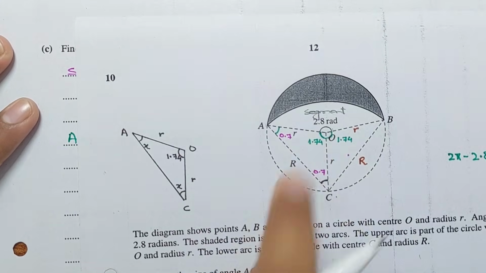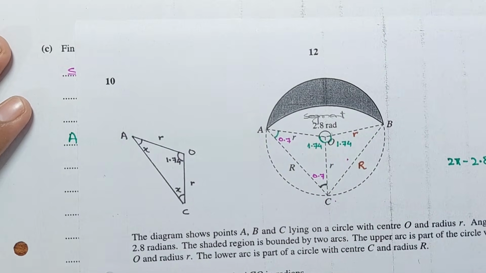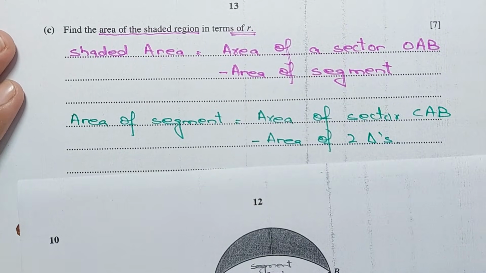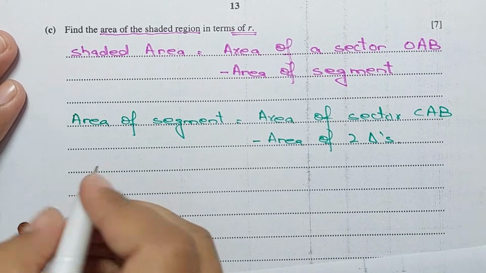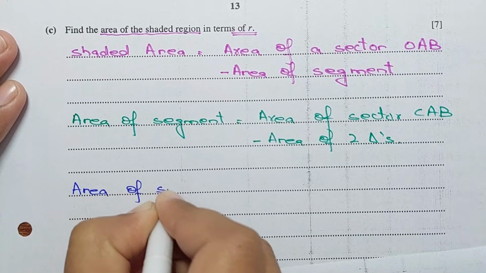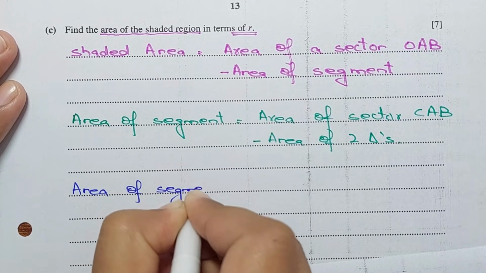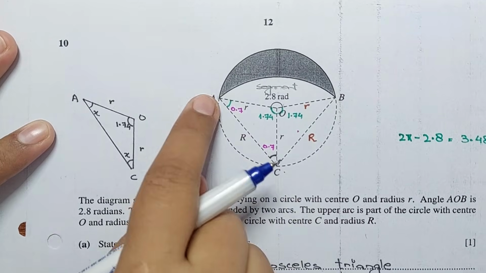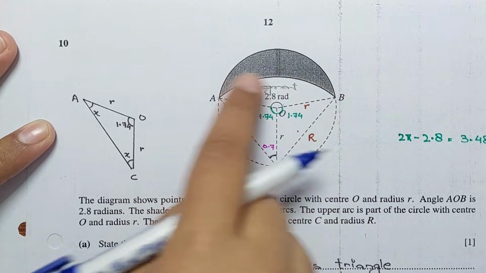These two triangles are symmetrical. So first things first, we need to figure out the area of the segment. The area of the segment would be the area of sector C, A, and B. This is a sector.